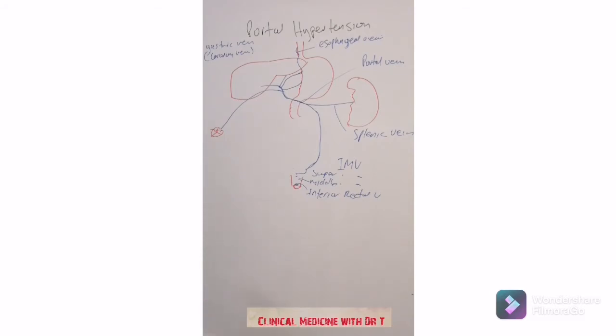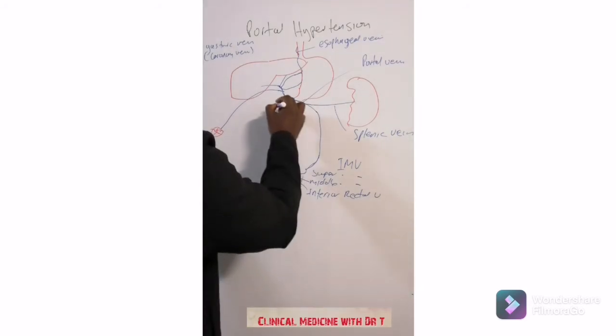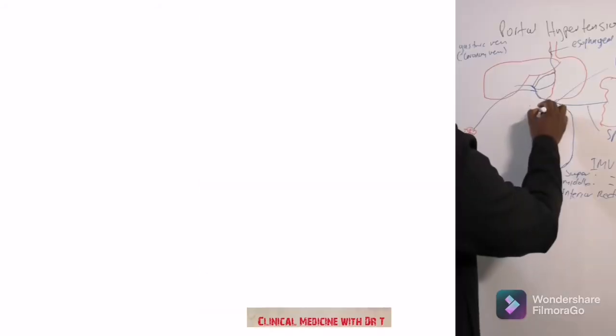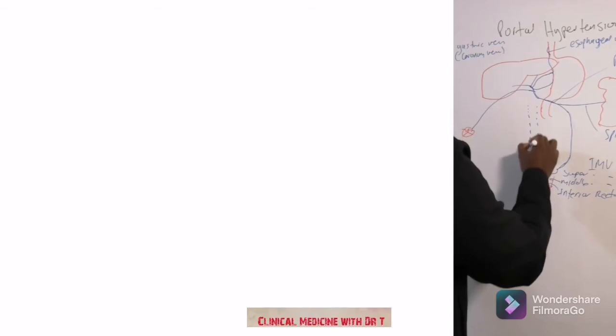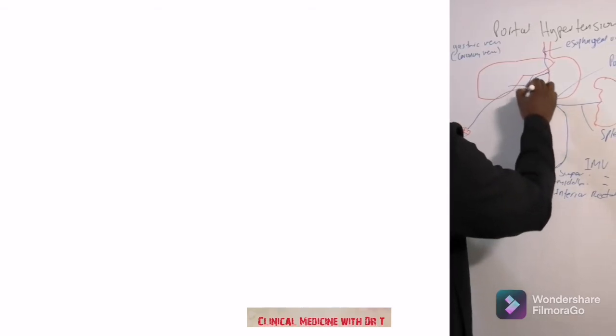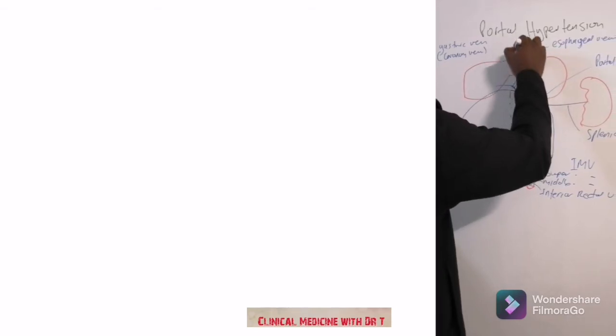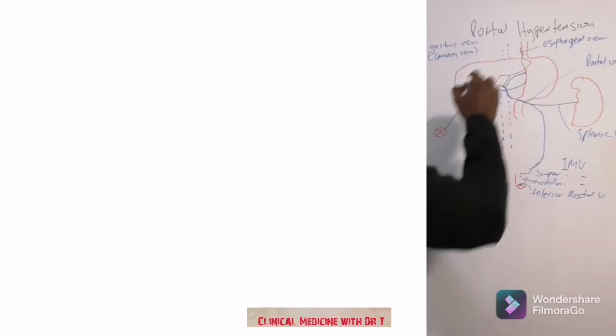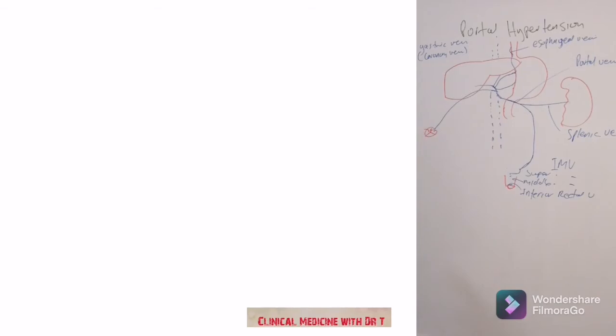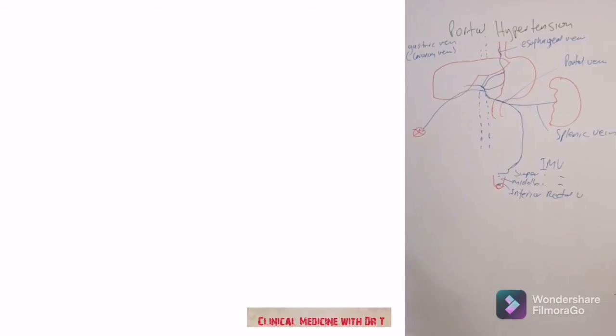Now remember, there's a very big vein that runs somewhere here, which is called the inferior vena cava, and it drains blood to the heart.